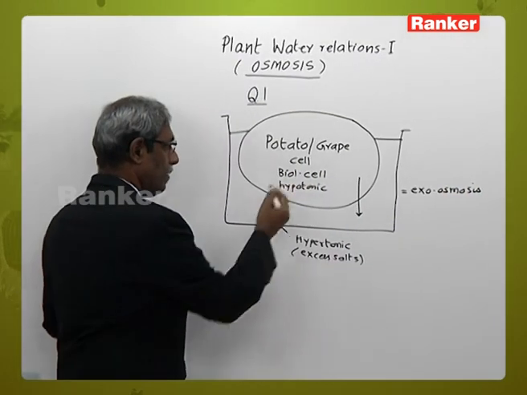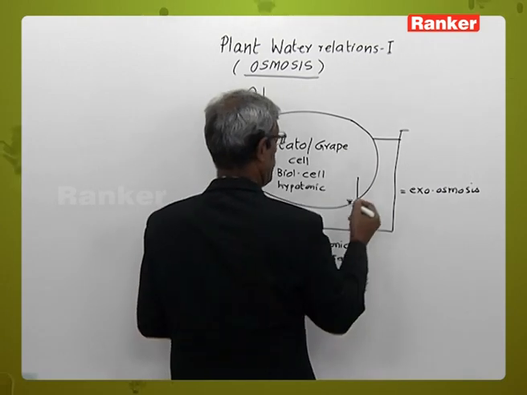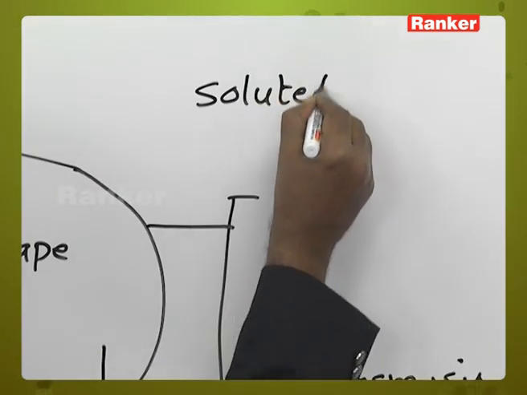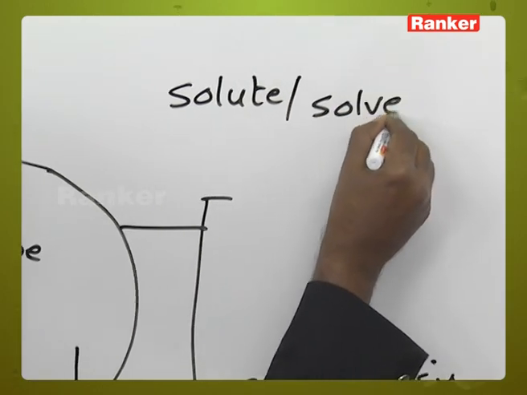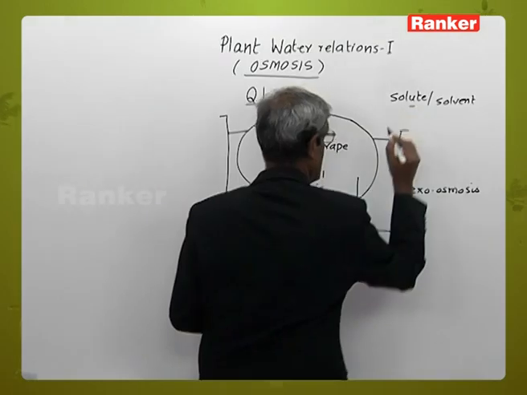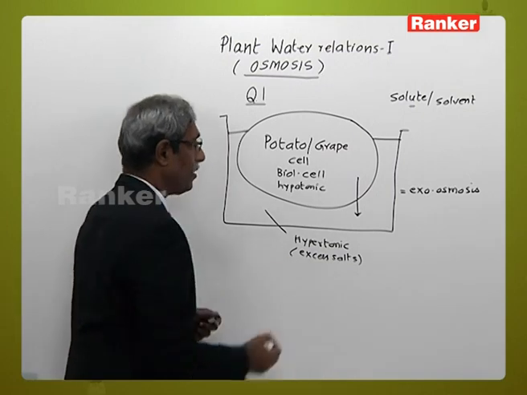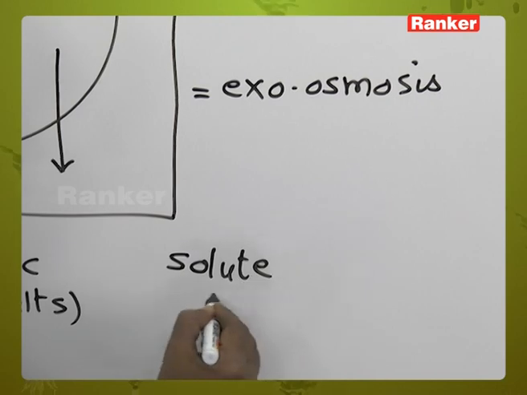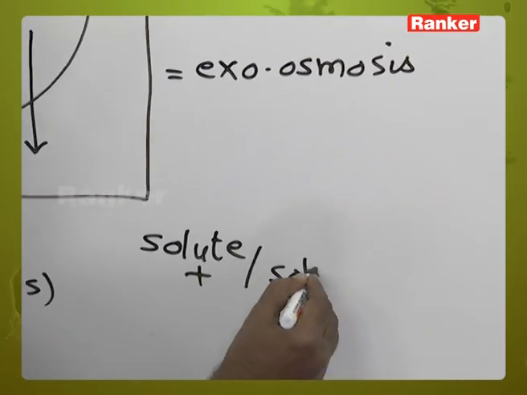When you take the grape solution or the potato solution, the total amount of the solute in the solvent will be less, whereas in a hypertonic solution there is more concentration of the solute per solvent.